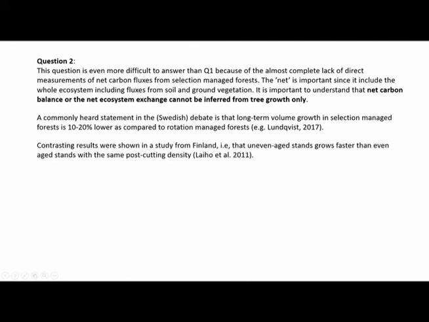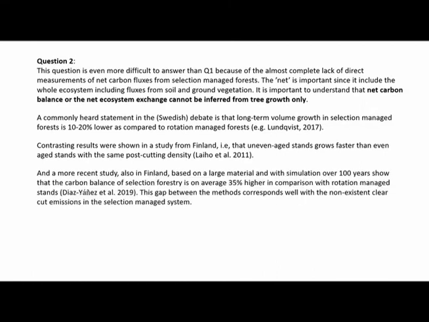And the commonly heard statement in the Swedish debate is that long-term volume growth in selection managed forests is much lower, 10 to 20%, as compared to rotation managed forests. But there are other studies with contrasting results, for instance from Finland, showing that uneven age stands grow faster than even age stands.